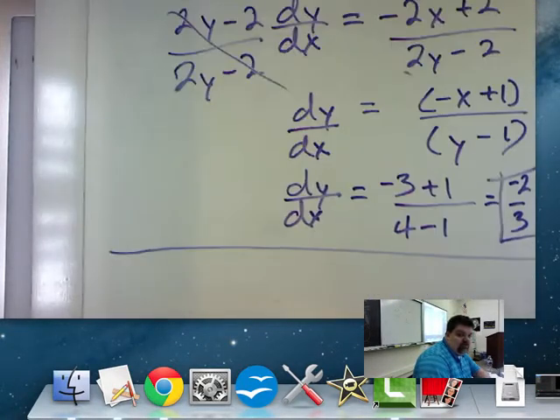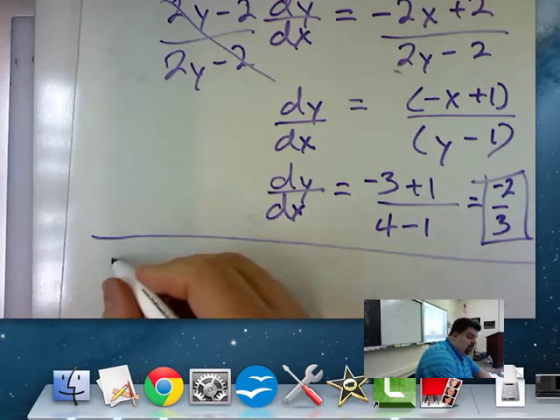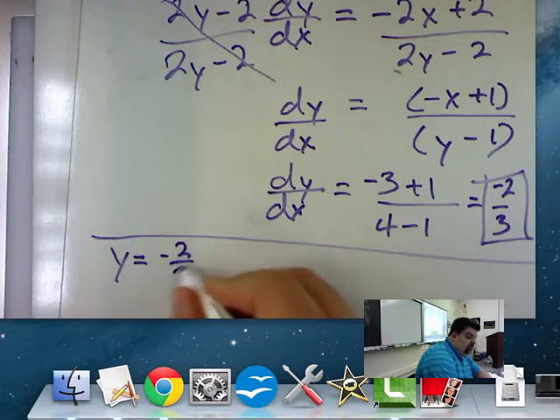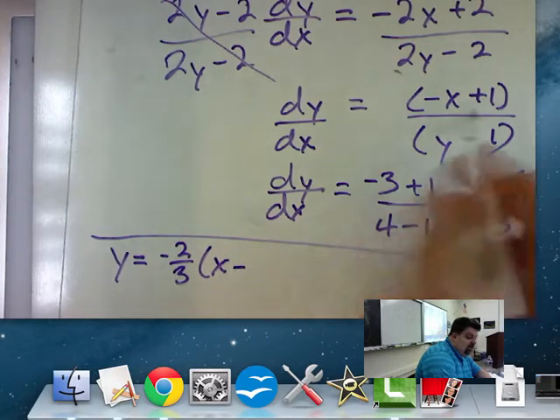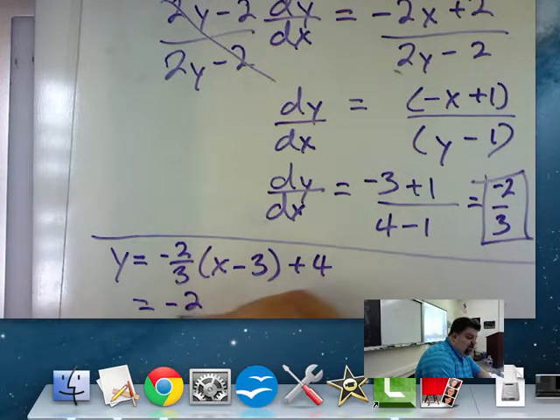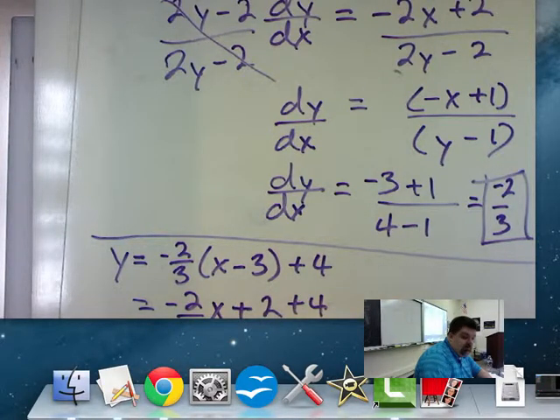Now if I wanted to write the tangent line for that, I would say y is equal to negative 2/3 times (x minus 3), plus 4. When I push that through, I get negative 2/3 x, and then the 3s cancel, giving positive 2 plus 4, so y equals negative 2/3 x plus 6. Okay?